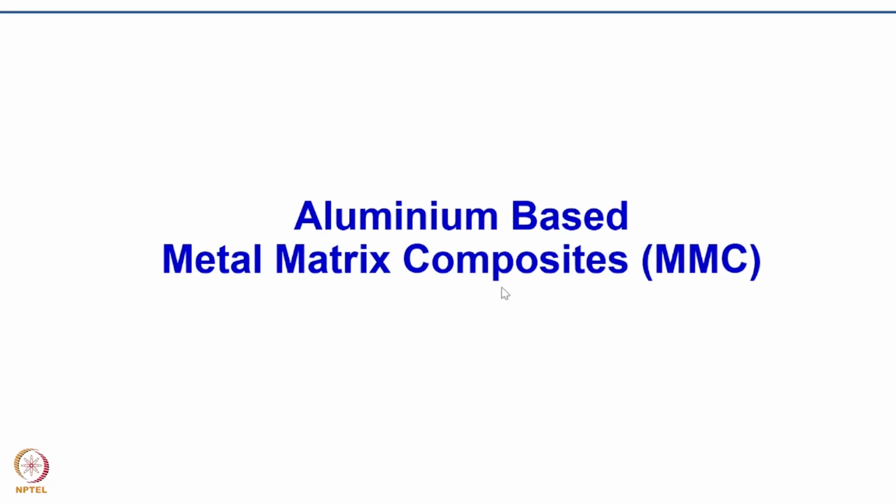This will be our topic from now on, and we are going to learn about metal matrix composites, especially the aluminum based ones, starting from their preparation all the way to their properties and applications.